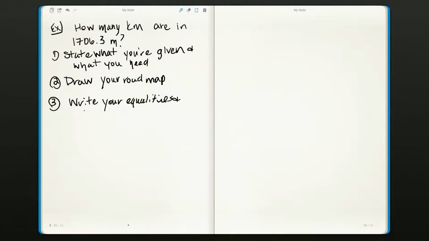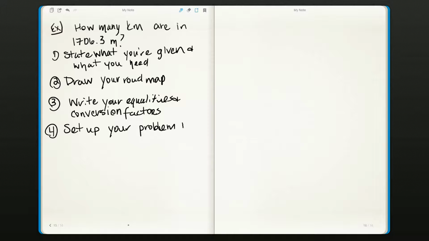And conversion factors. Because the conversion factor is really what you need when you do the calculation. And lastly, of course, set up your problem. And calculate.